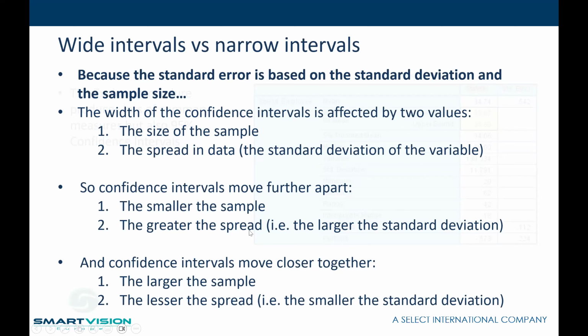So the confidence intervals move closer together when you've got a large sample in that group and when you don't have a lot of spread in the data, that is, a small standard deviation.